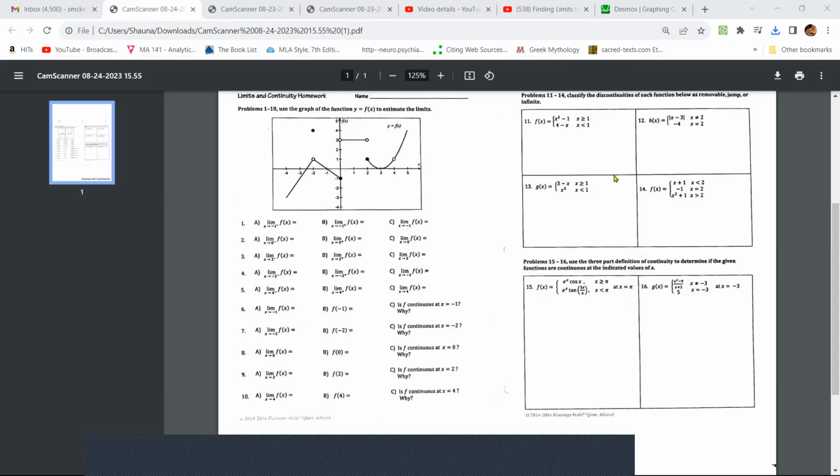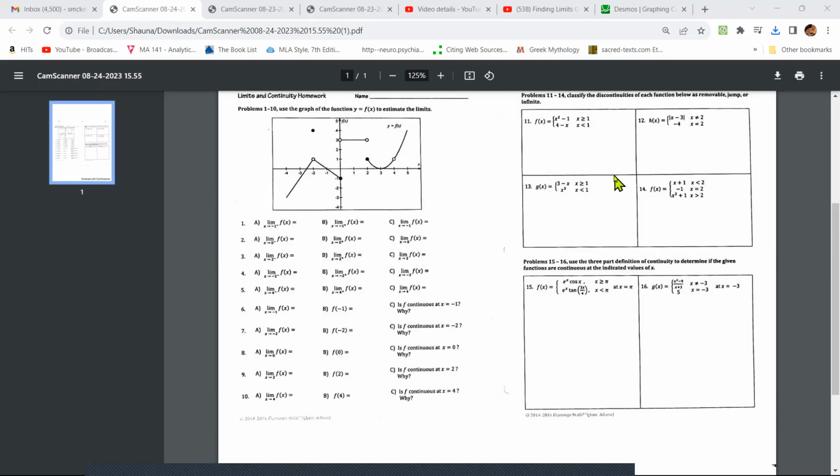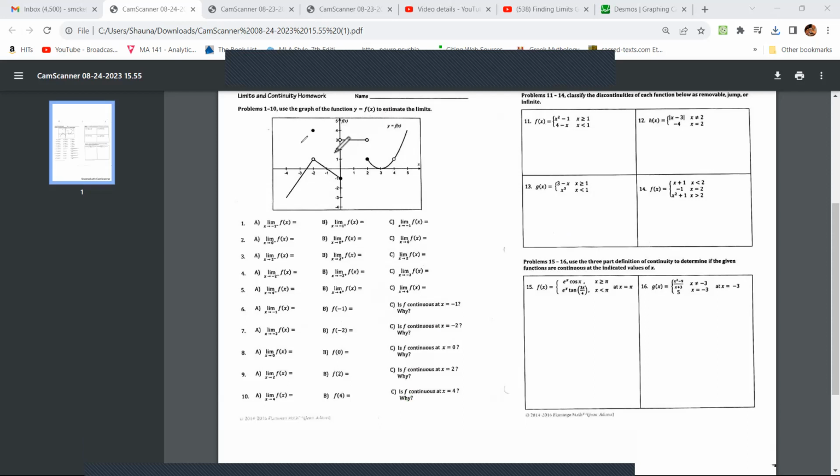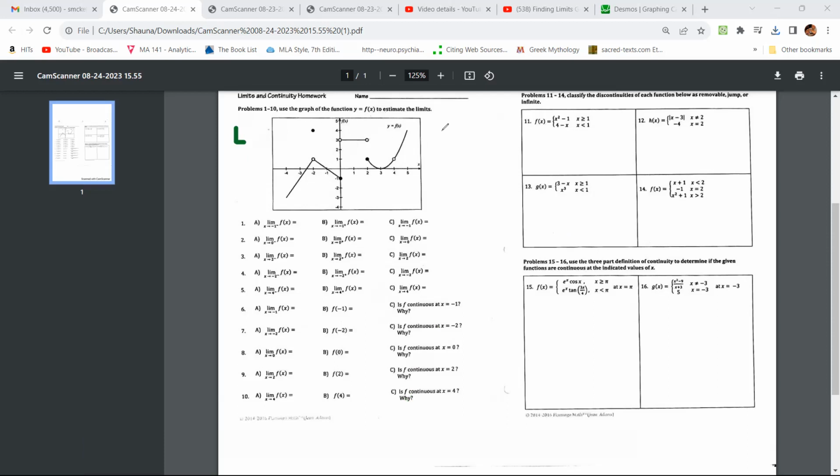Okay, this is the one. Now, this is something that I do when I teach it, and it helps a lot of students. It's not to insult your intelligence in any way. It just helps you think about, so this is the left and this is the right. I know you know that.